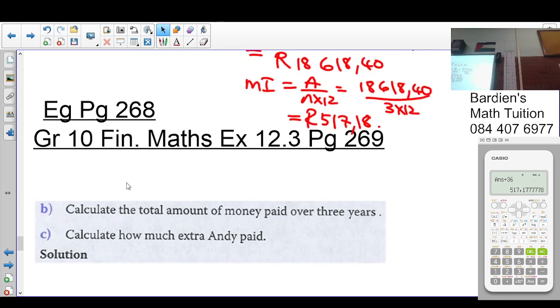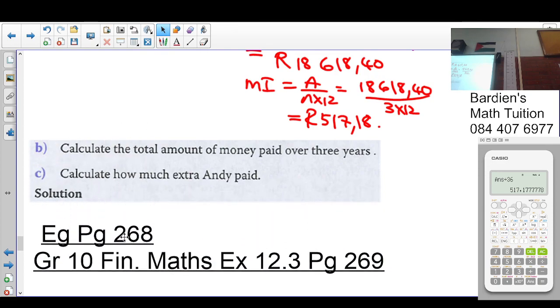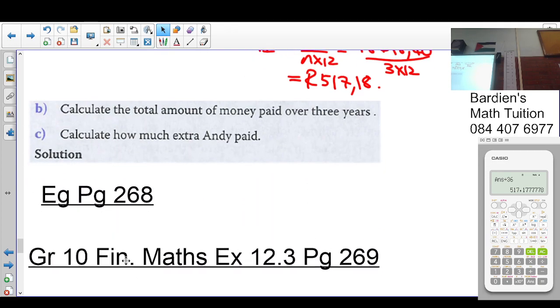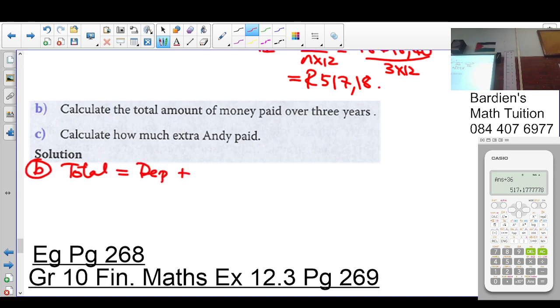Then it says calculate the total amount of money paid over the 3 years. In other words, the total is going to be your deposit plus your A value.